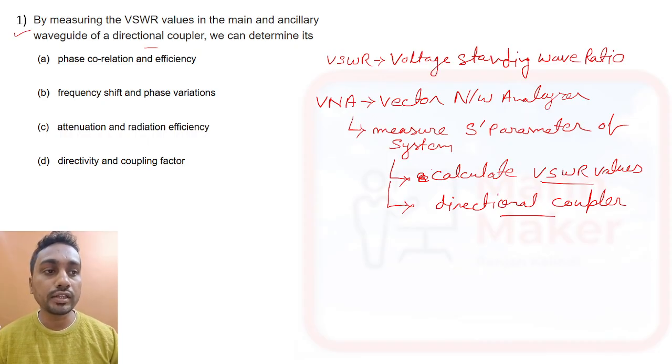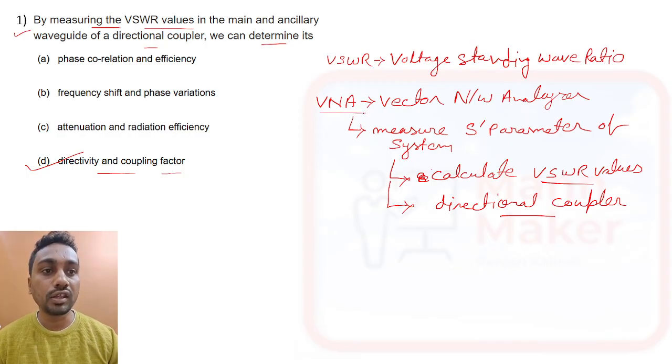After calculating, by measuring the VSWR values, we can determine the directivity and coupling factor of a system. So option D is the right answer from here. So from this question you need to remember: by measuring VSWR values, we can determine directivity and coupler factor.